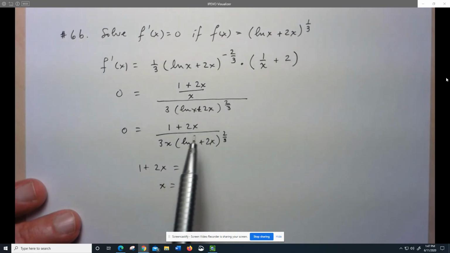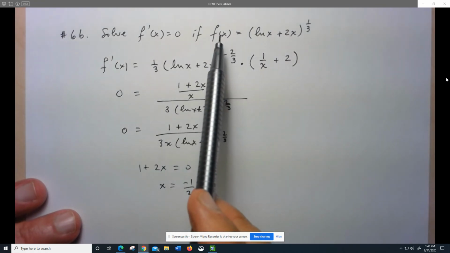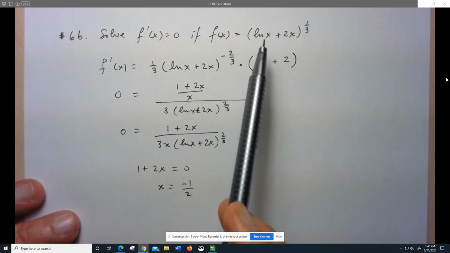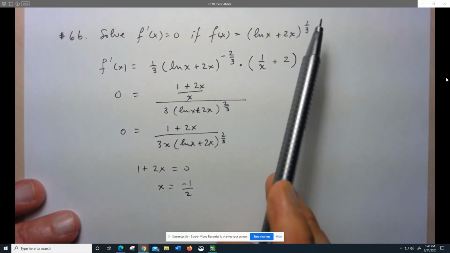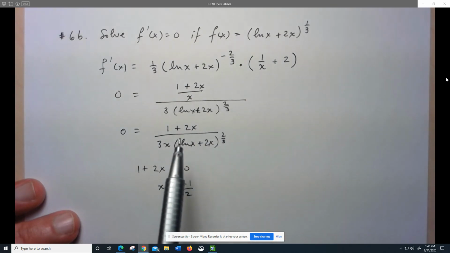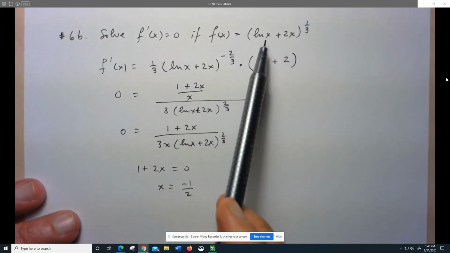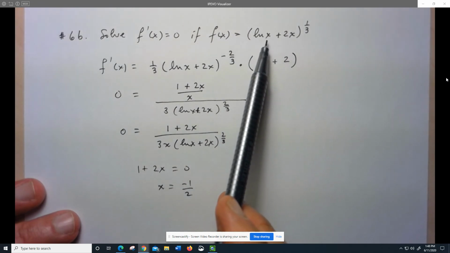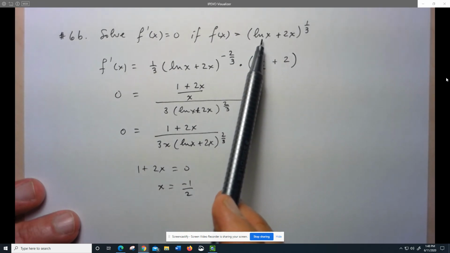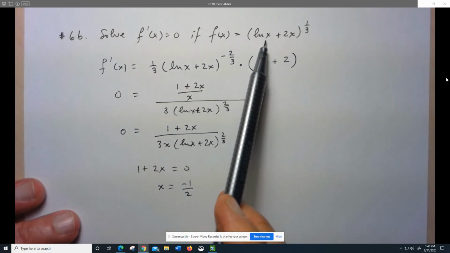If I just stopped there and said I solved the problem, the issue is that negative 1/2 is what made the numerator equal to 0. But of course, I have to remember that I'm dealing with this function, which has a part that is not quite as nice as a polynomial or the exponent 1/3. This function has a domain of x greater than 0, because you can't take the logarithm of something equal to 0 or less than 0.